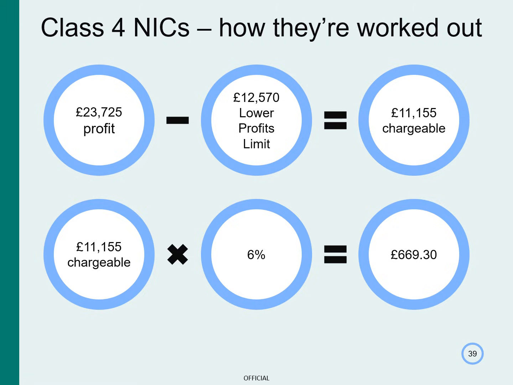This leaves £11,155 on which Class 4 national insurance is charged at 6% in 2024 to 2025. If your profits are above the upper profit limit of £50,270, the rate for profits above this amount is 2%.